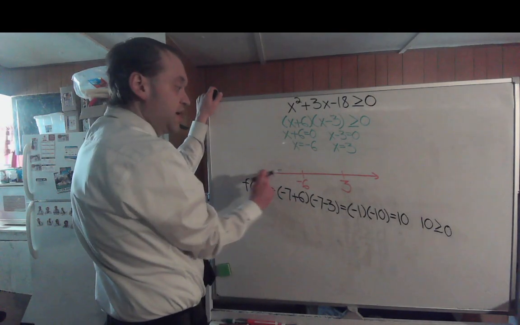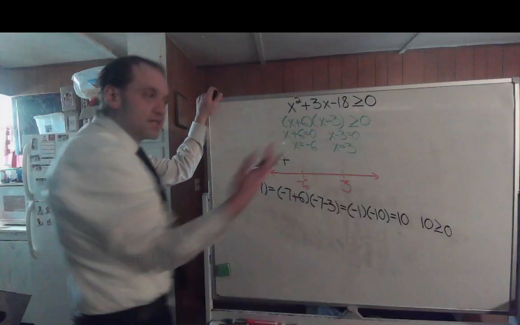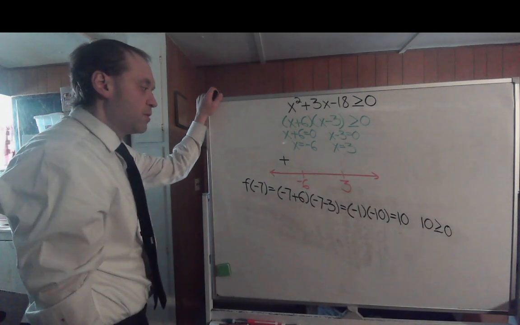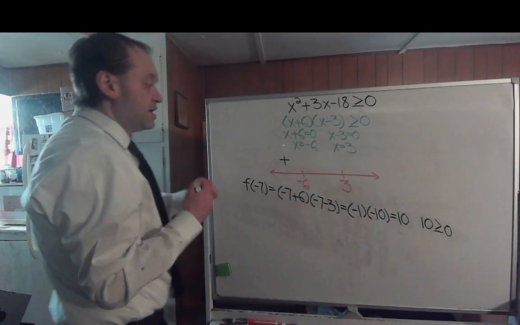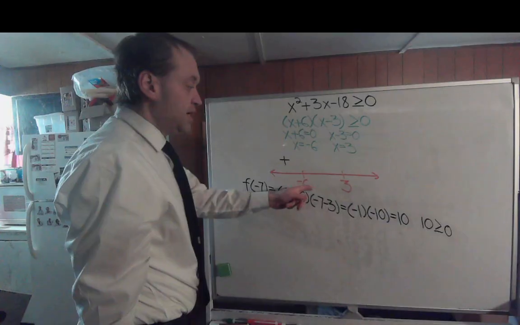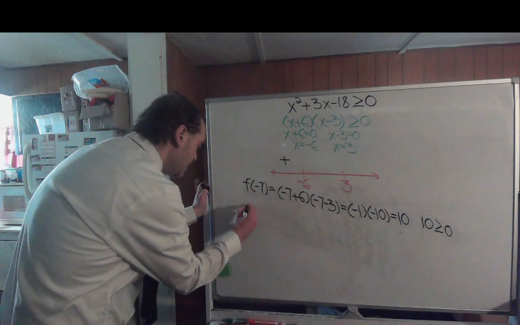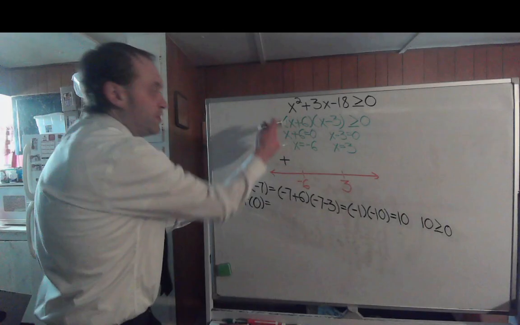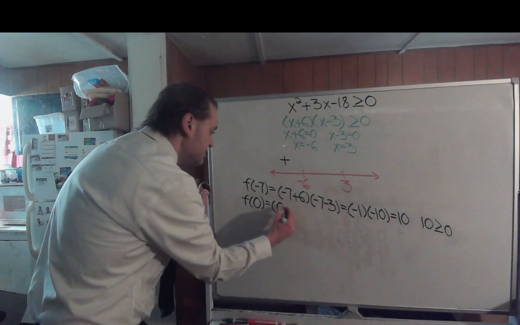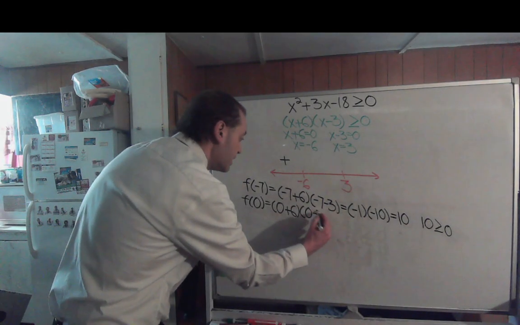The interval from negative infinity to negative 6 is positive, because really we're looking for positive values if it's greater than 0. Now, we got to pick a number in the interval between negative 6 and 3. Let's pick 0. Pick any number in that interval. So again, put it into your factors because it's easier. You'll have 0 plus 6, that quantity, times 0 minus 3.